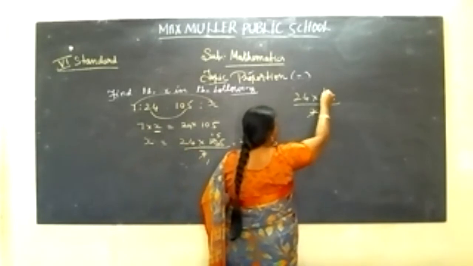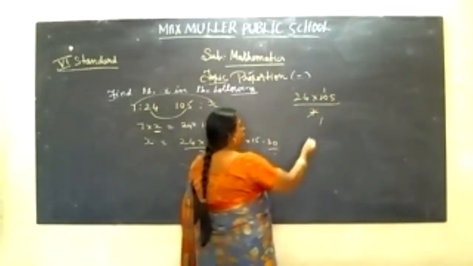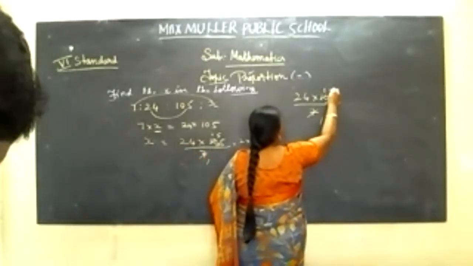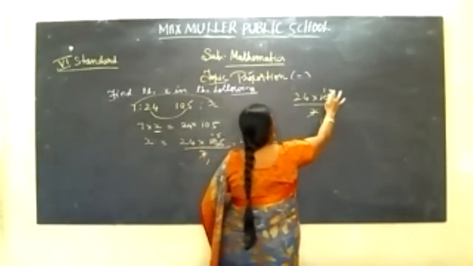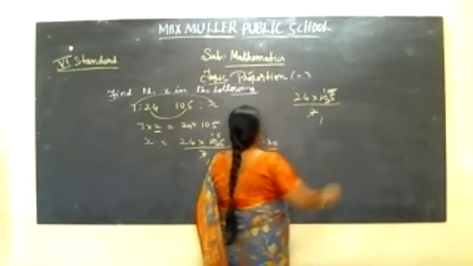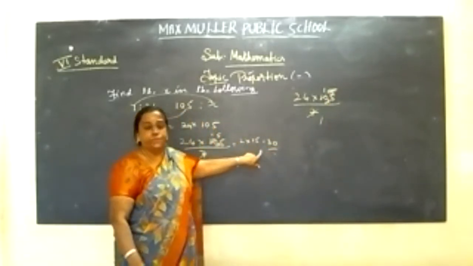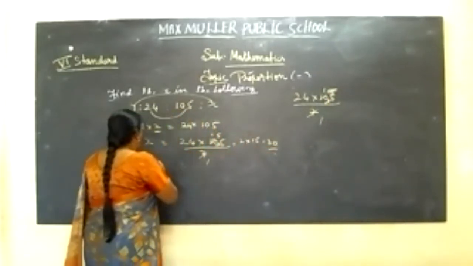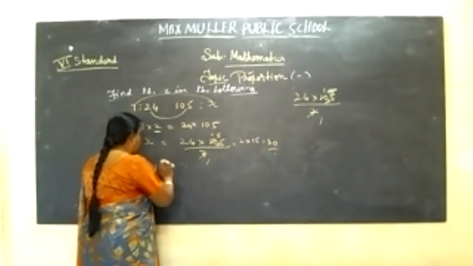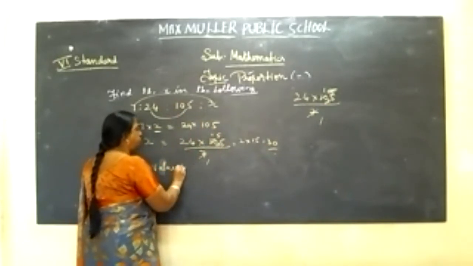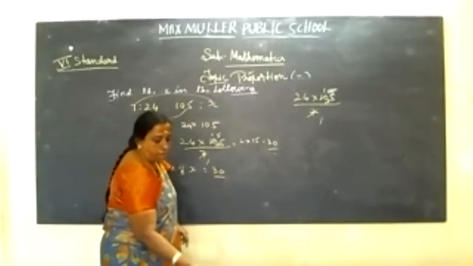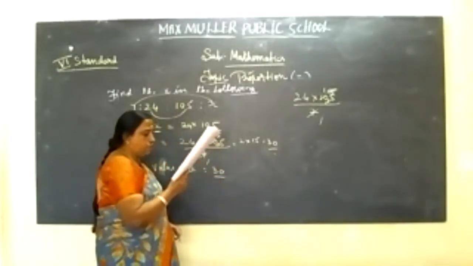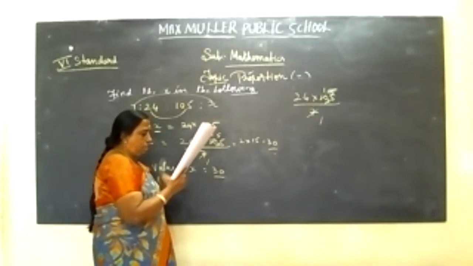Remaining 3, 35. 7 fives are 35. So 2 into 15 gives 30. Sorry children. The value of x is equal to 30. Clear now? I hope you all understood.